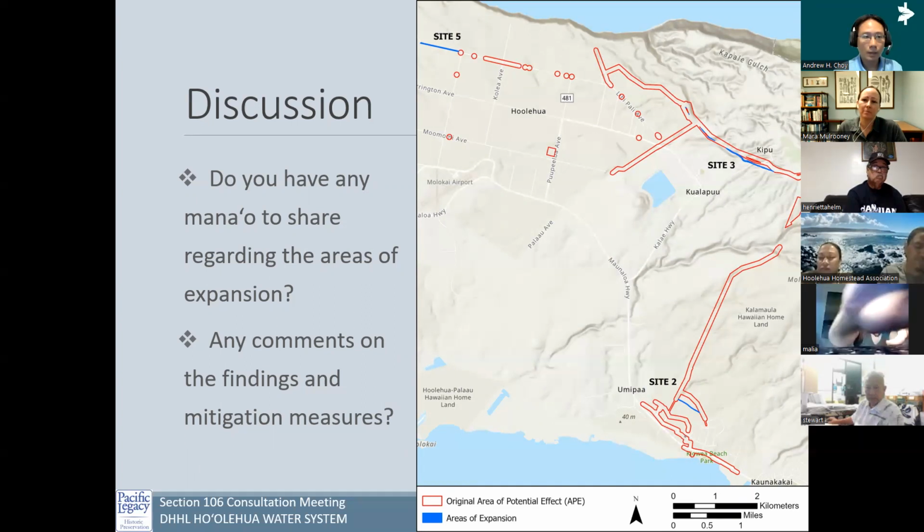That is correct. It's ductile iron pipe. The AC, asbestos concrete pipe, is basically obsolete. It's left in place so that it doesn't fragment and cause a hazard. I believe there are also some topography issues, so the line had to be rerouted.